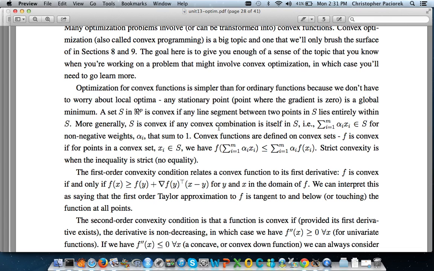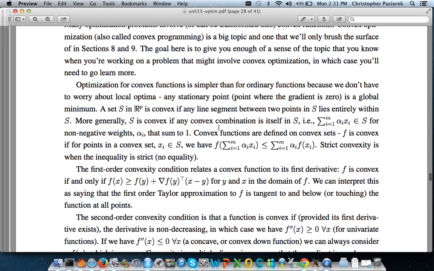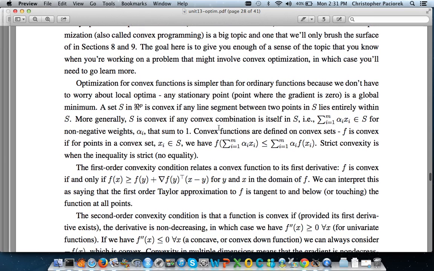And so if you know that you're in that setting, things like Newton's method are going to work really well because you don't have to worry about things like we saw where things were diverging off in the wrong direction. You don't have to worry about inflection points in the function, and all those complexities go away. And there are well-established algorithms for solving convex optimization problems. So if you can figure out that you have a convex optimization problem, then you can usually just employ that machinery.